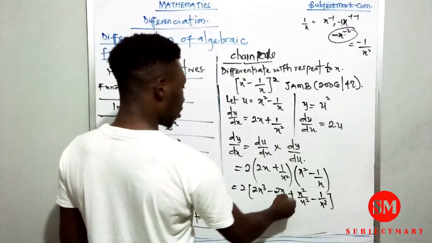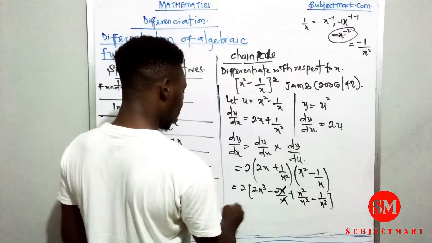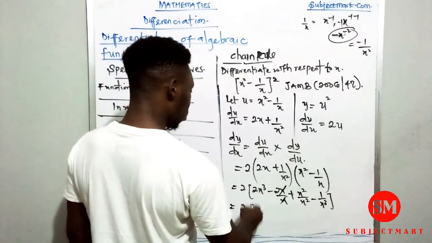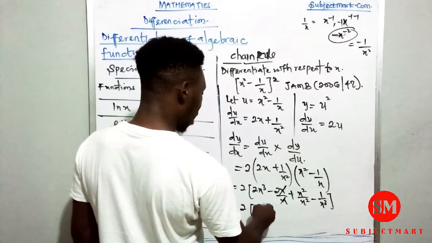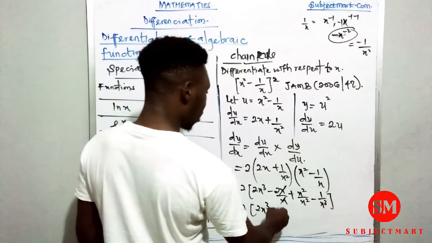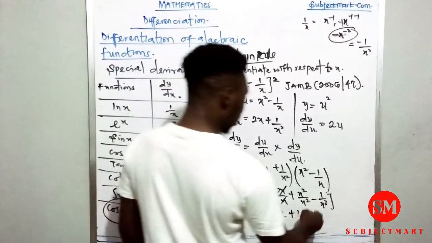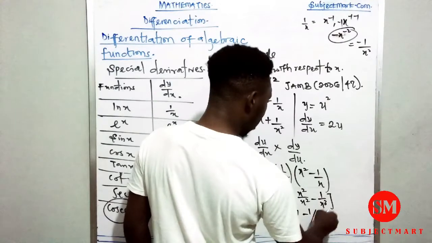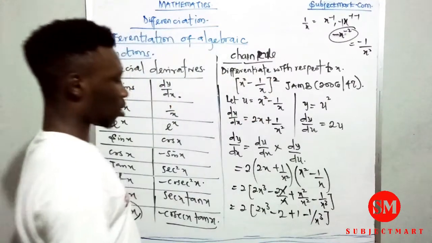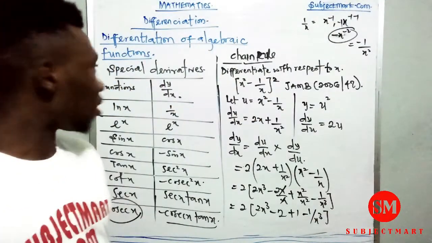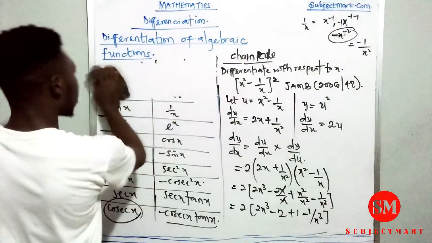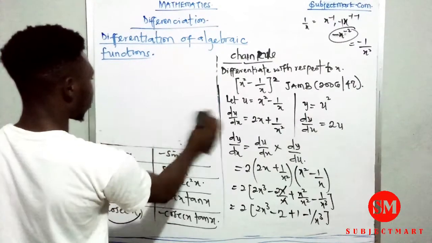So with this we can cancel this. This is now equal to 2 open bracket 2x raised to power 3 minus 2, this can cancel this, plus 1 minus 1 over x raised to power 3. So with this, we can now proceed. Okay, I'm wiping off this end.